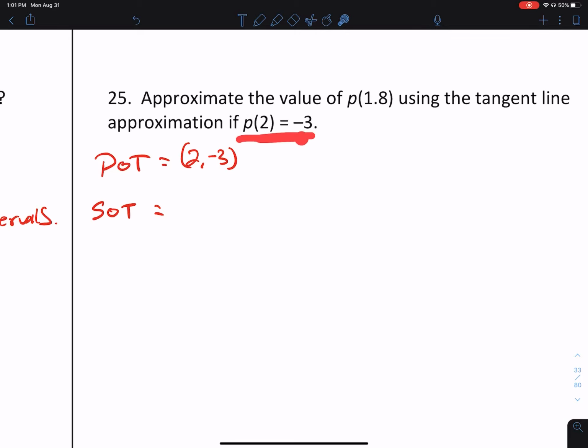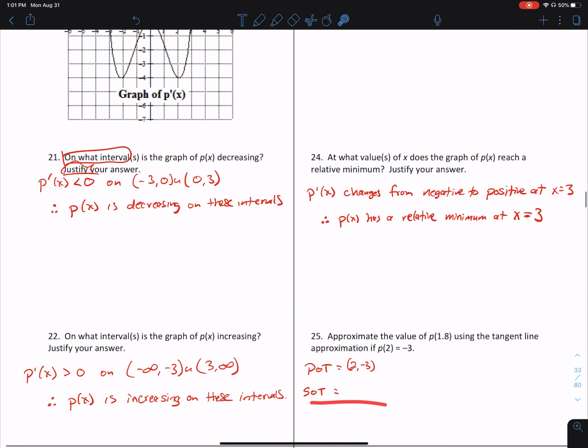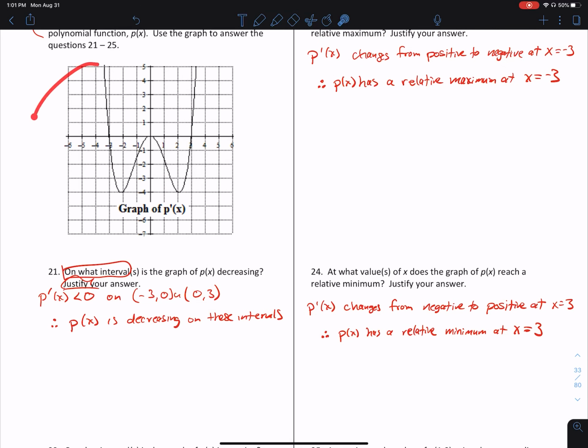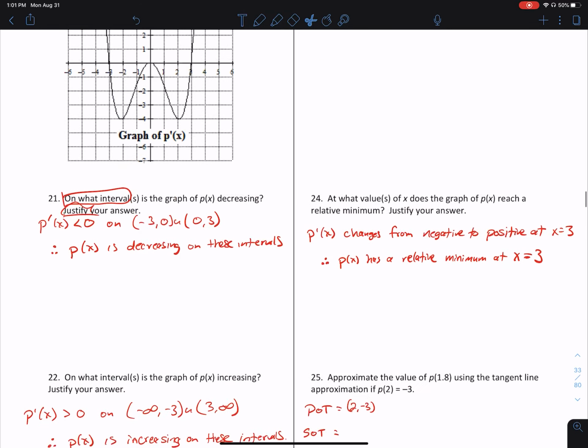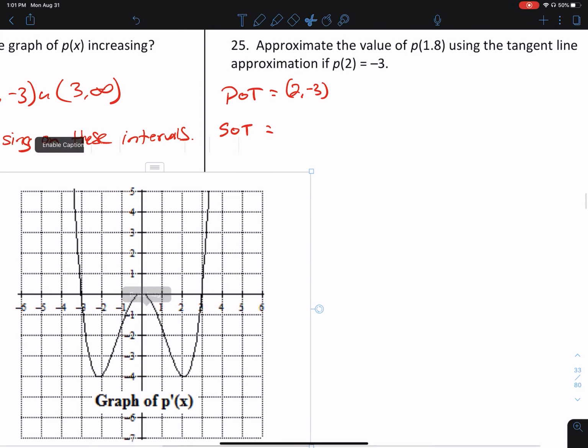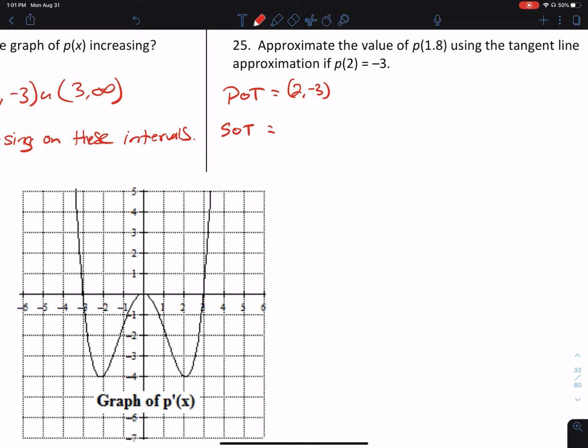This is just a fancy way to give that point. Slope of tangency, let's look at our graph. I'm just going to bring the graph down here so we can see it beside the question. At 2, here is 2. At this place right here, this is the ordered pair 2, negative 4.